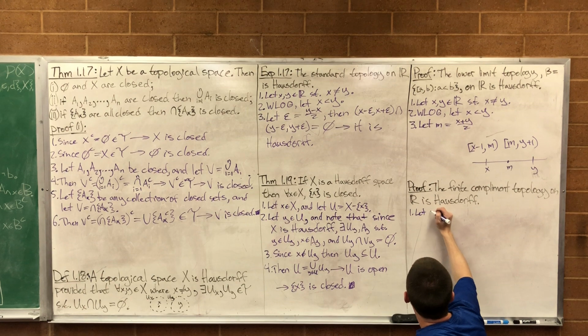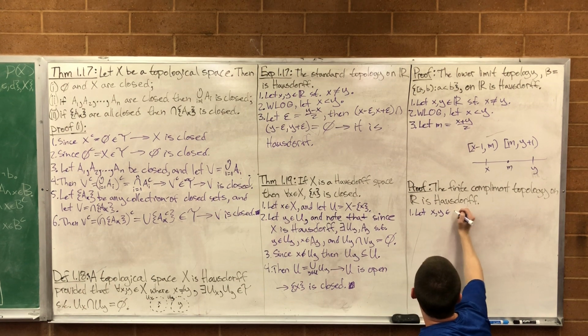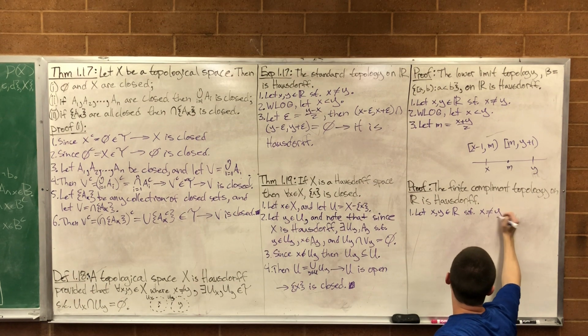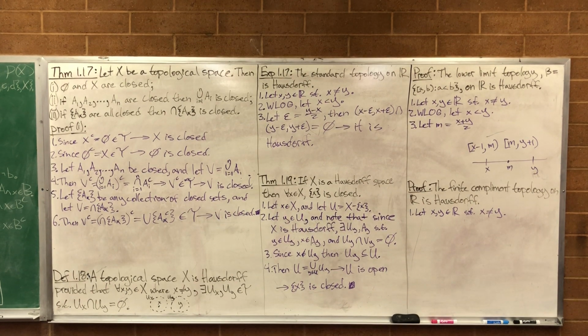Let x, y in R such that x is not equal to y. What do we need to find? Two neighborhoods that do not intersect around them. There's a neighborhood for each. The finite complement topology on R is Hausdorff.